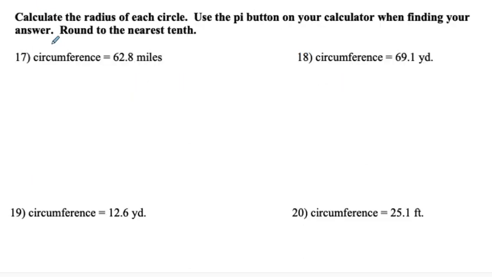So this next set gives you a circumference and asks for, if we read the question carefully, the radius. So we know that the circumference, C, equals 2 pi r. Now if we want to find the radius, if we knew the circumference, remember 2 and pi are just numbers, so we have 62.8, which we can plug in instead of the circumference, equals 2 times pi times r, which means we've got an algebraic equation to solve.